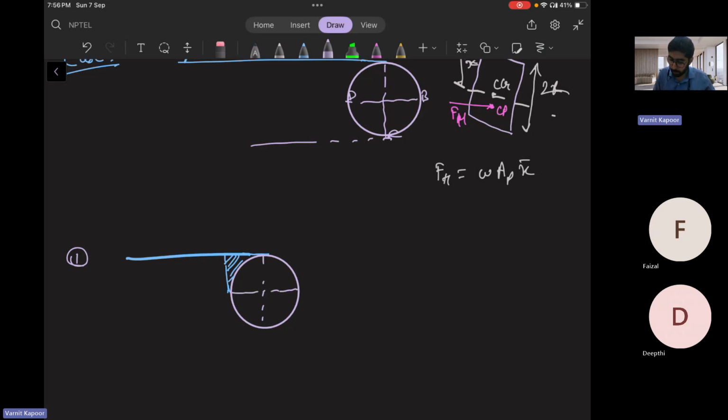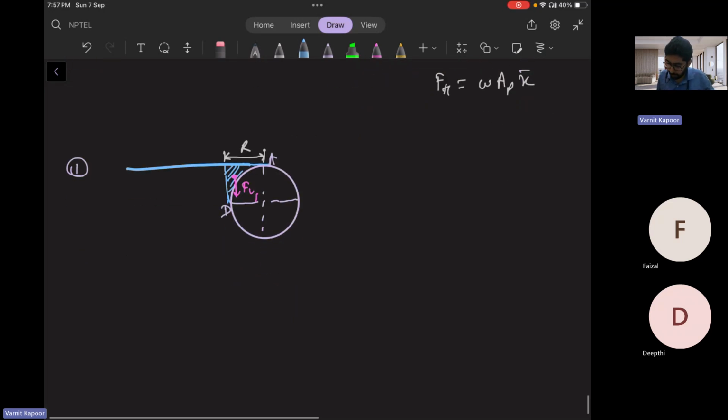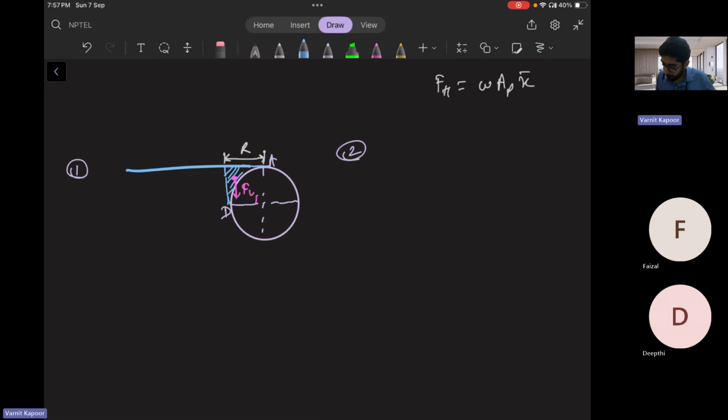That gives me FV1, vertical force 1. Okay, by this much, and this radius is R only. Okay, and this point is A, and this point was D. Whereas the other will be, second will be free surfaces like this.